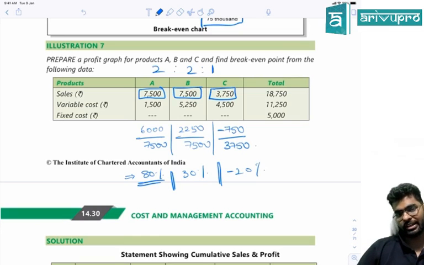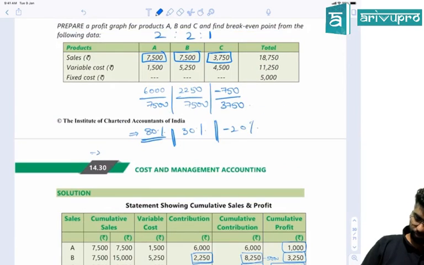Because it's 7500, 7500. Yeah? Guys, are you clear till now? So my cumulative PV ratio is going to be 2 by 5 into 80% plus 2 by 5 into 30% plus 1 by 5 into minus 20%. So that will be 5.